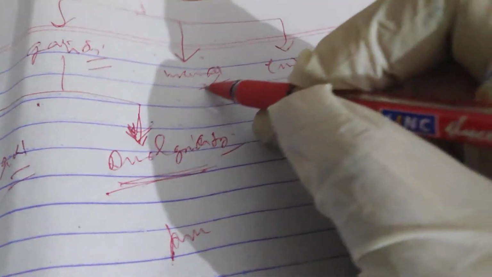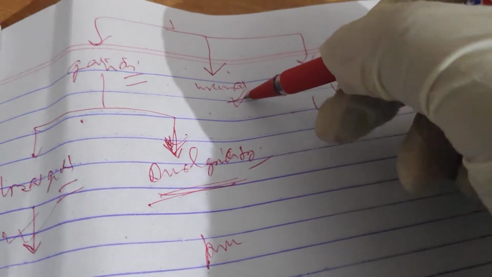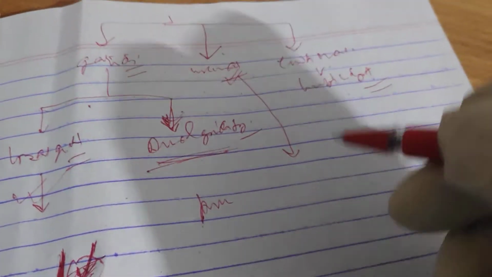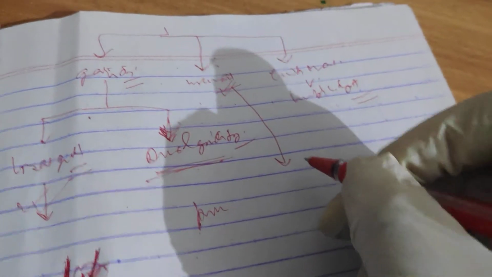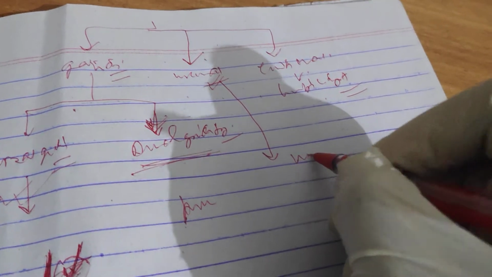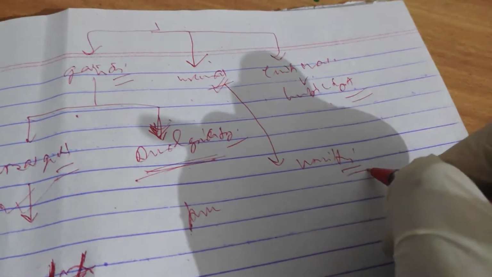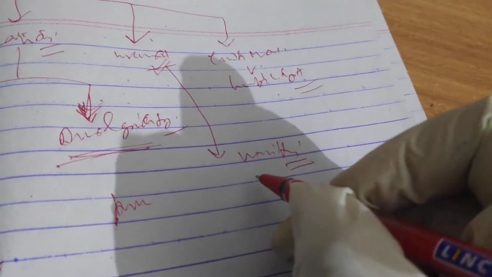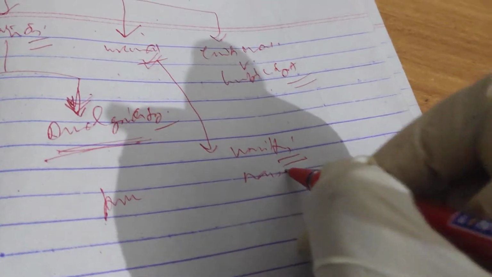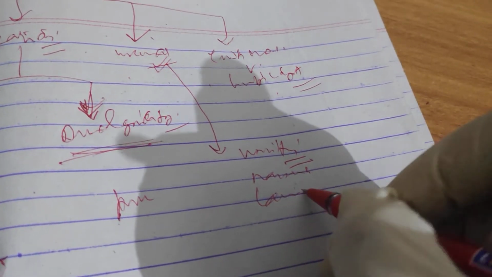Now coming to the visceral factor, because many things are associated with pain, like vomiting or nausea and lacrimation.